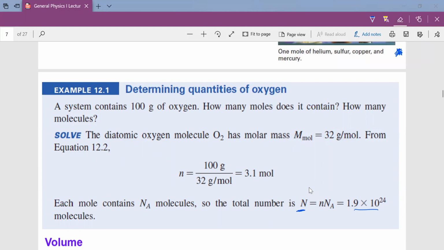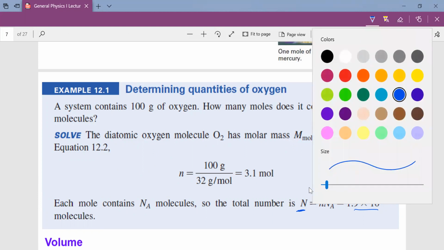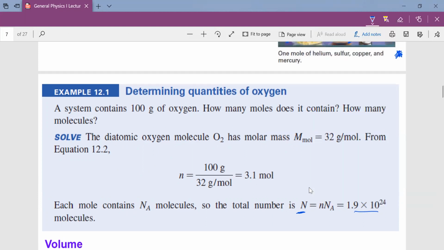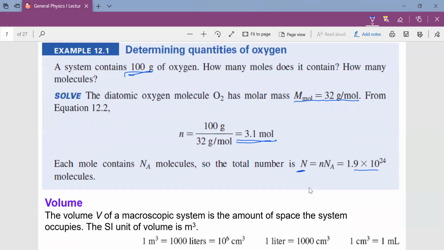We use that equation. Now the mass in gram is given as 100, and we know for oxygen that the molar mass is 32 grams per mole. So we just impute that into the equation, and we have 3.1 mole. And that answers the question of how many mole does it contain.